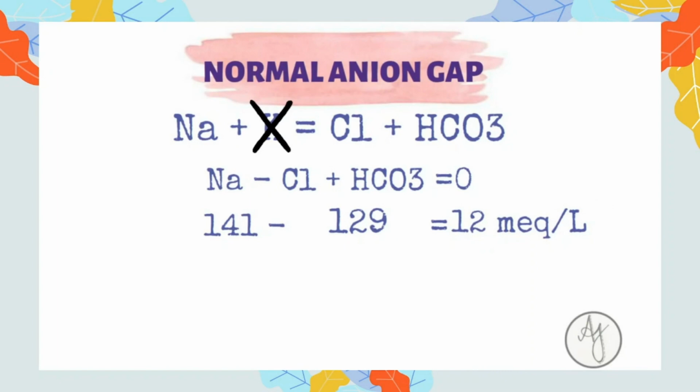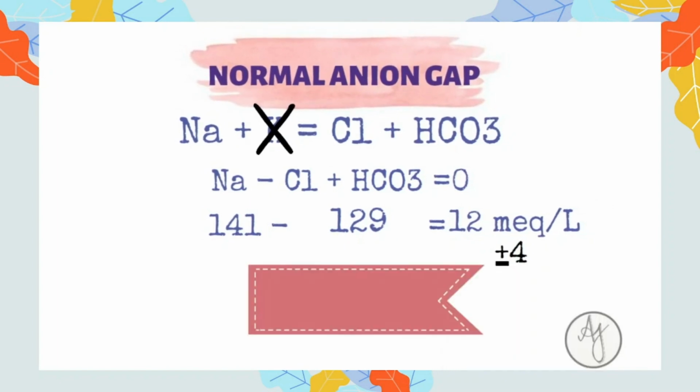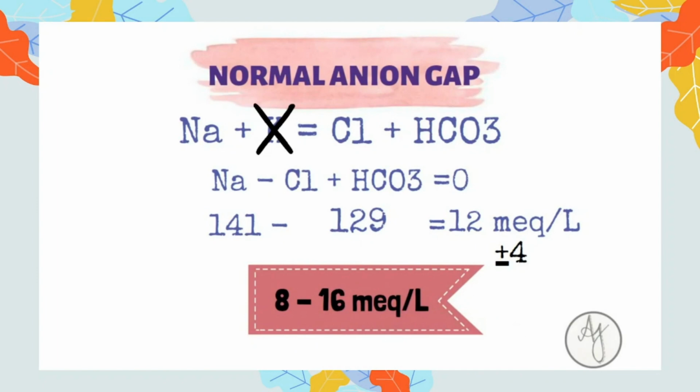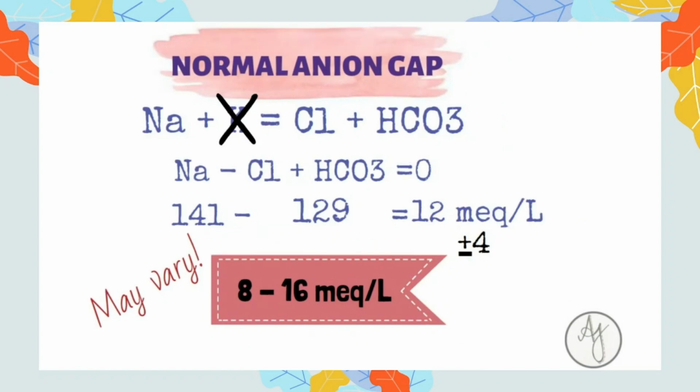Putting it into a range of plus or minus 4, it should be 8 to 16. So 8 to 16 milliequivalents per liter is the normal serum anion gap. This may vary according to labs and according to the equation, whether it includes sodium and potassium or just the sodium component. So how is it useful in metabolic acidosis?